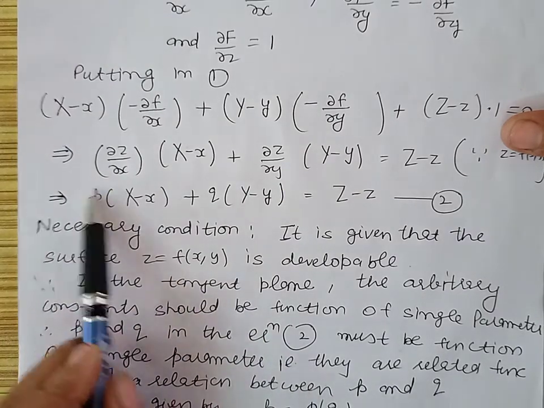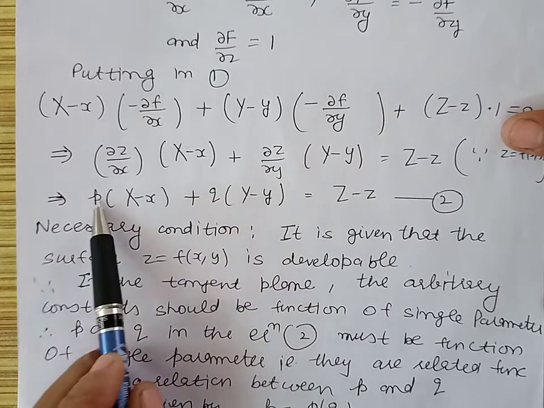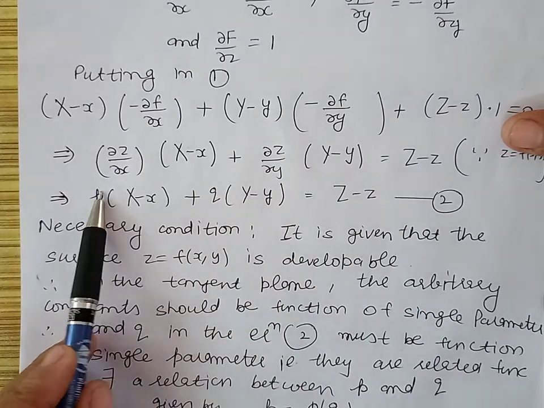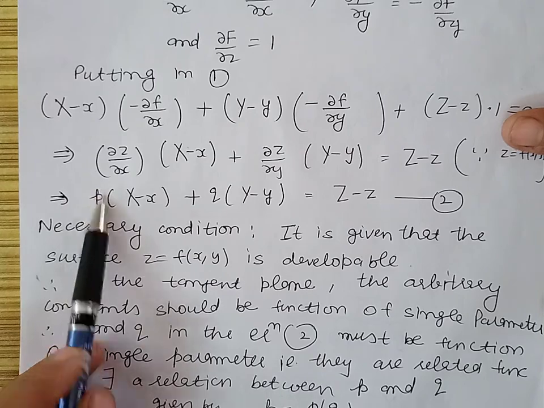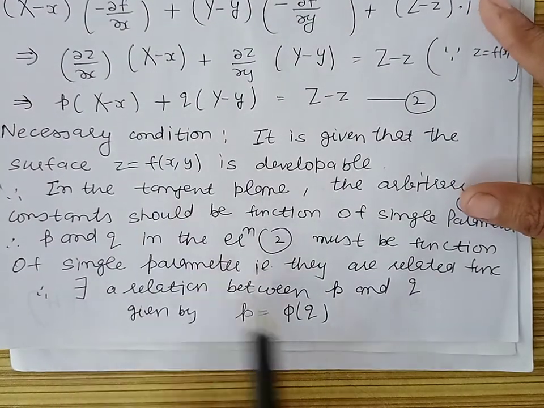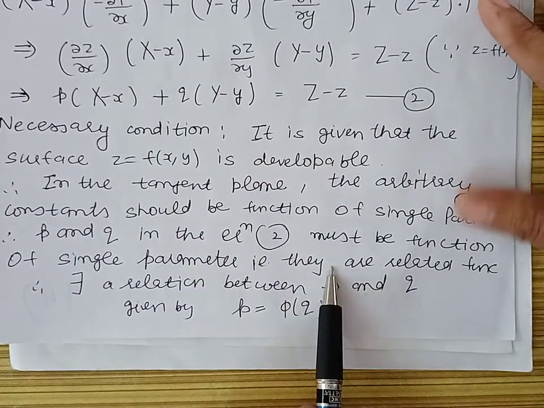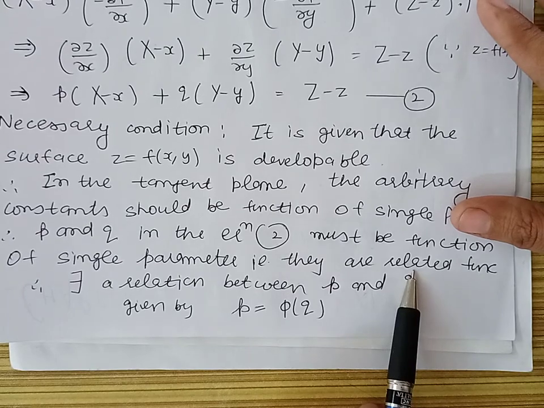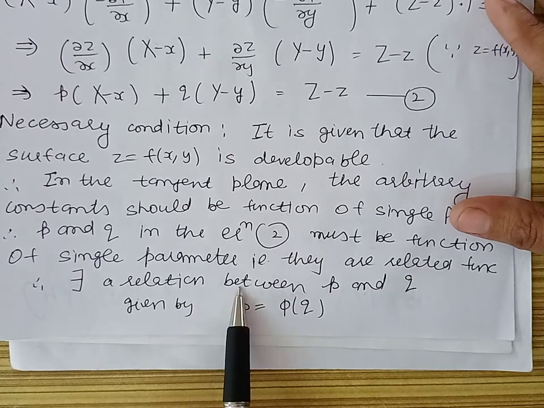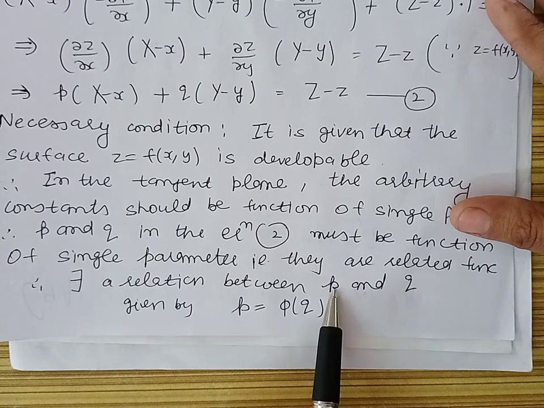So here p and q, which are arbitrary constants in this equation, should be functions of a single parameter. Function of a single parameter means p and q are related functions. It means there exists a relation between the two functions p and q.